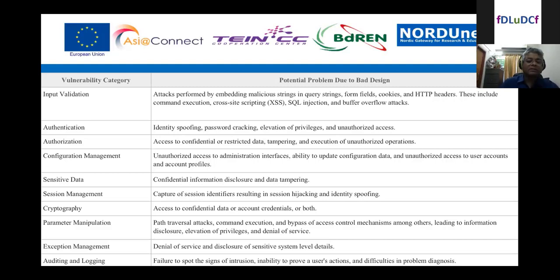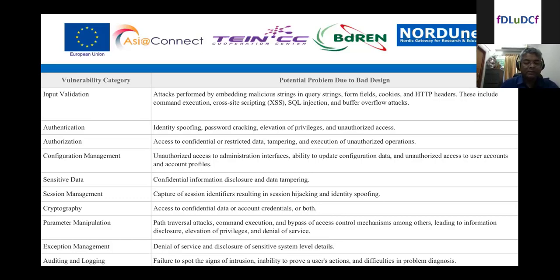For configuration management: unauthorized access to administration interfaces and the ability to update configuration data. Then sensitive data: credential information disclosure and data tampering may happen. And then session management: capture of the session identifier.